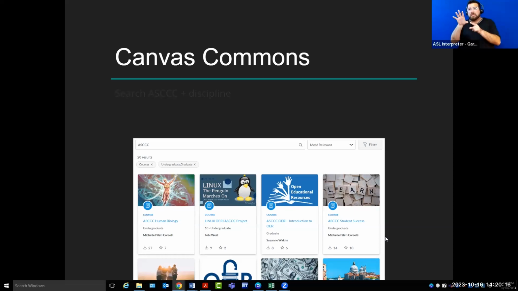It's kind of like if the OERI website is a high-end boutique that has very curated, really good fancy clothing that you can count on to be the highest quality, Canvas Commons is like a thrift store where you have to really search, and you're going to come across a lot of junk, but you may find a few gems in there.